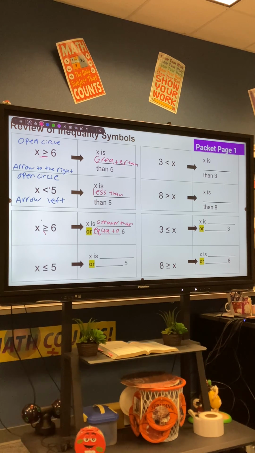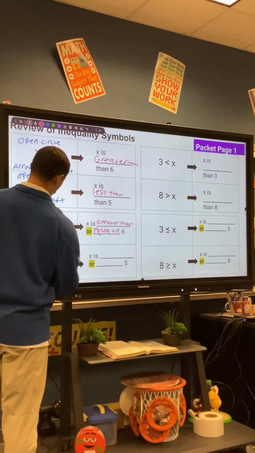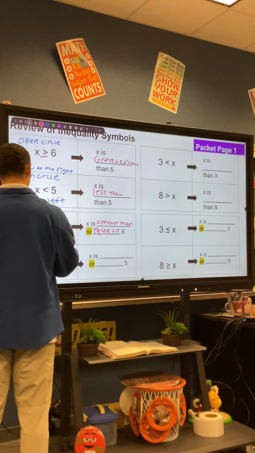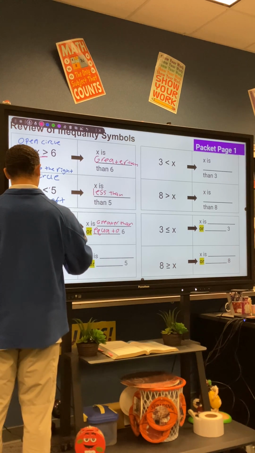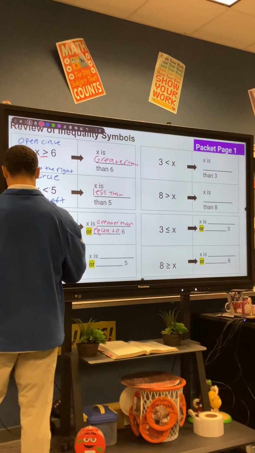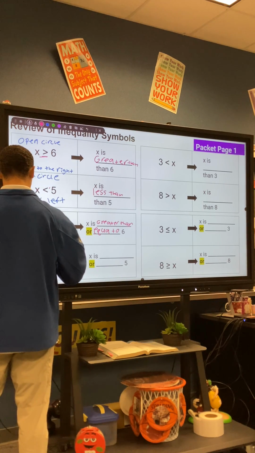Since x is greater than or equal to, since we have this little line, my circle is going to be closed now. And again, x is bigger, so my arrow is going to go to the right.